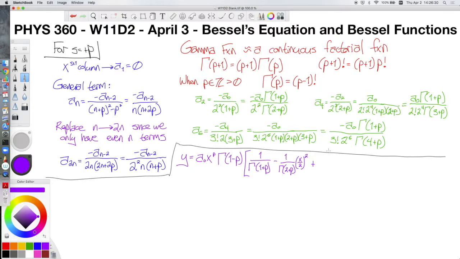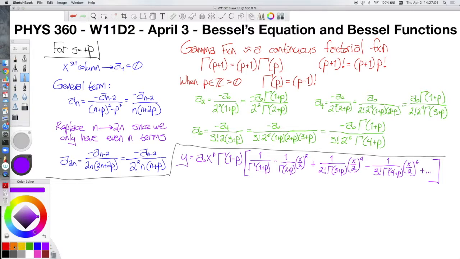Then the next term is positive and has a 1 over 2 factorial times the gamma function of 3 plus p. And again, there's an x over 2 term, and this time it's to the 4th power, minus 1 over 3 factorial times the gamma function of 4 plus p times x over 2 to the 6th power, and so on and so on.